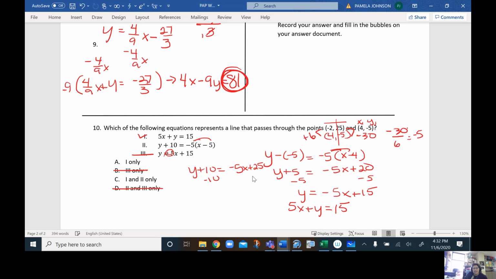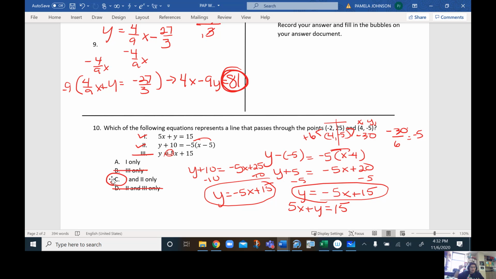And then when I subtract 10, I get y equals negative 5x plus 15. And that is the same as the slope-intercept form that we came up with here. They are both the same. So that one does check out. So C is our answer, okay?